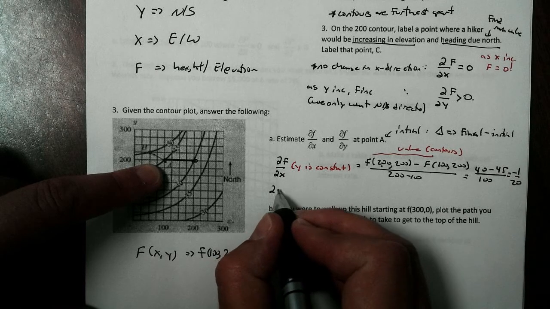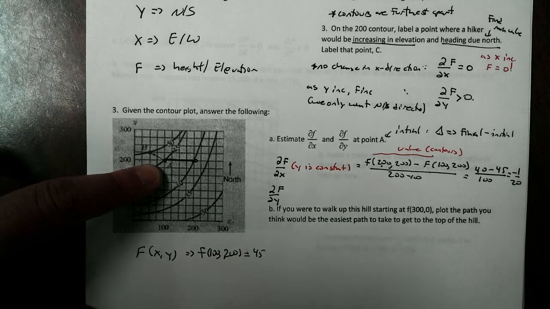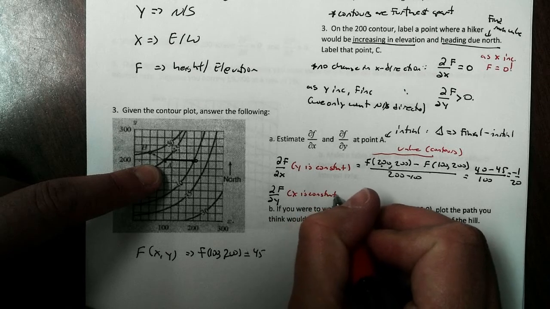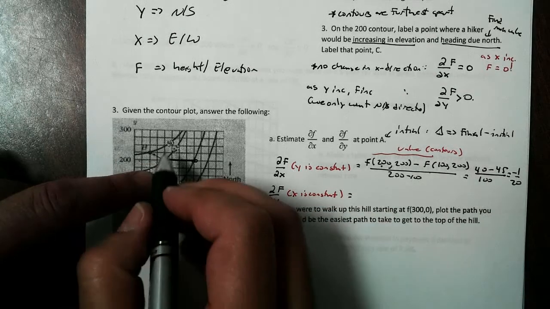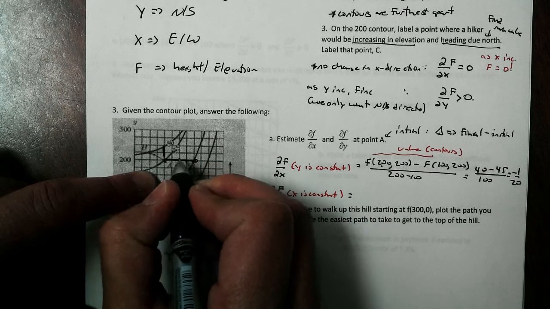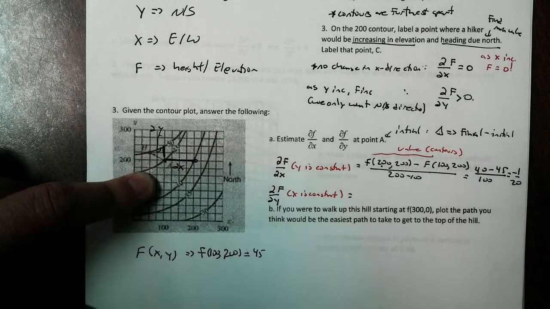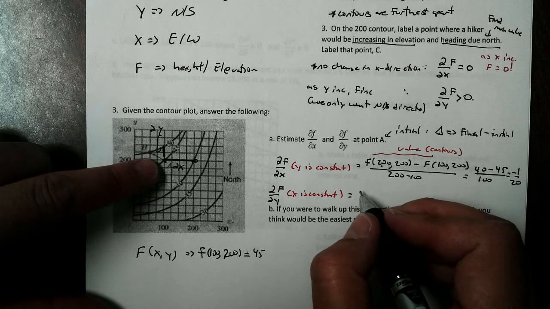If I want to find my partial of f with respect to y, now we're saying x is constant. So if I set this up the same way, but now only my y's are changing, I'm going up right here. This is my partial with respect to x. There's my partial with respect to y. So to write this, we're going to go f of, so what's my point?